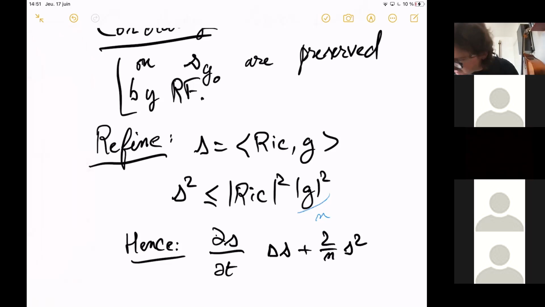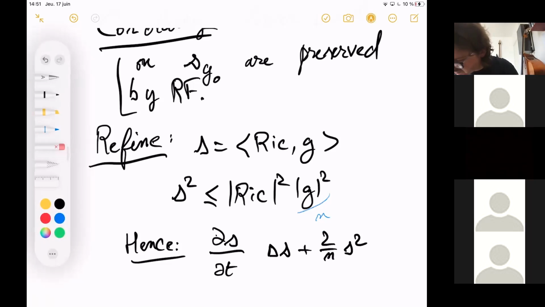That would be equality if Ricci is diagonal, a multiple of the matrix. So we have equality for Einstein manifolds, but we still get that.